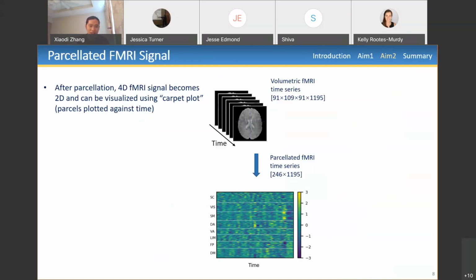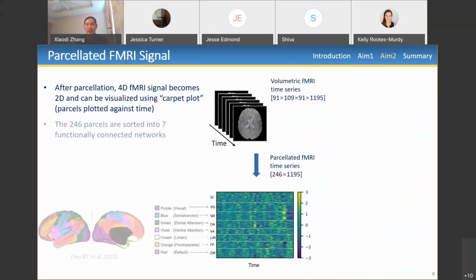If you notice, they're divided into 8 different groups along the y-axis, and they correspond to these regions defined by the Yeo 7 networks. For example, the purple one here is the visual network.